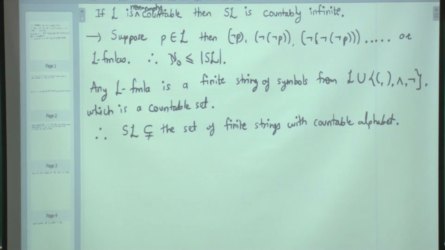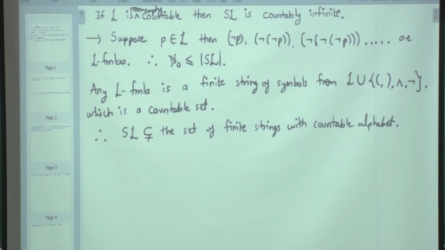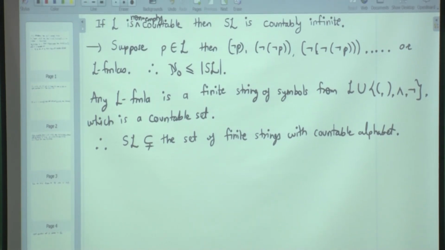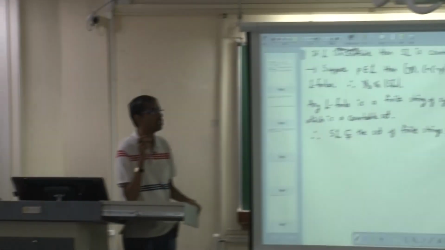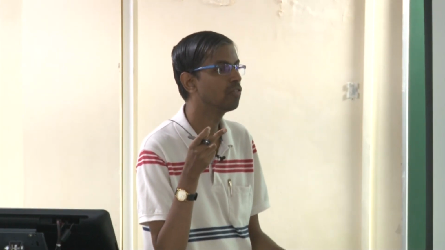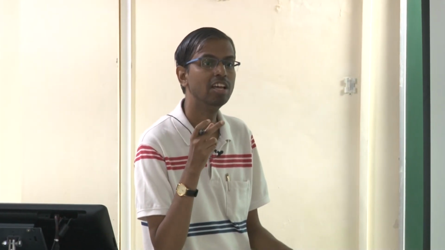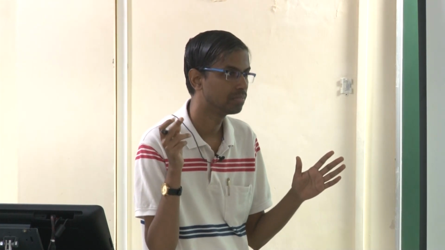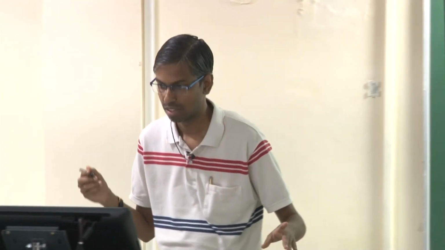But finite strings with countable alphabet, how can you write that set? We can write it as a countable union of strings of length n, where n varies. Correct?